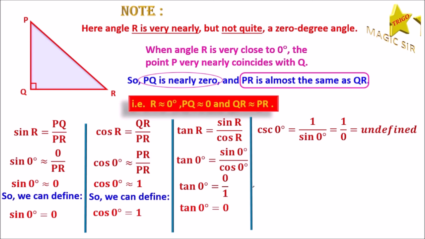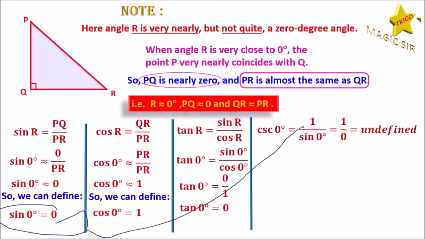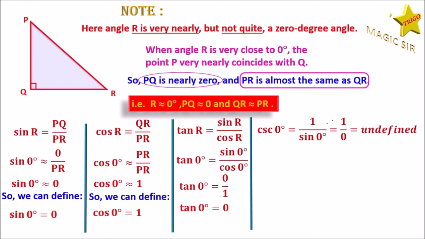Now we know that cosec theta is the reciprocal of sin theta. So we write CSC instead of cosec. So cosec 0 degree is equal to 1 upon sin 0 degree. And we have sin 0 degree equal to 0. So cosec 0 degree is equal to 1 upon 0. And we know that division by 0 is undefined.